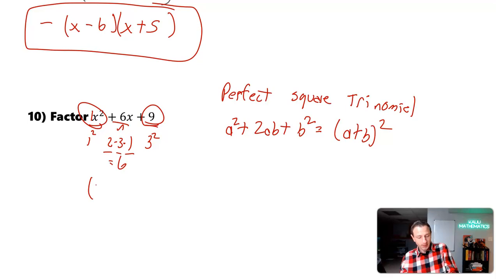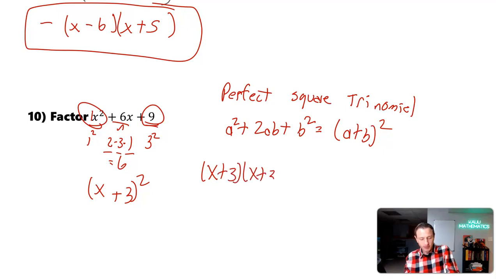So in this form, I'm going to have x plus 3 squared. And if you just factored it, looking for two numbers that multiply to 9 and add up to 6, you would land on 3 times 3 pretty quickly. So you could also write this as x plus 3 times x plus 3. It's also a perfectly fine answer.